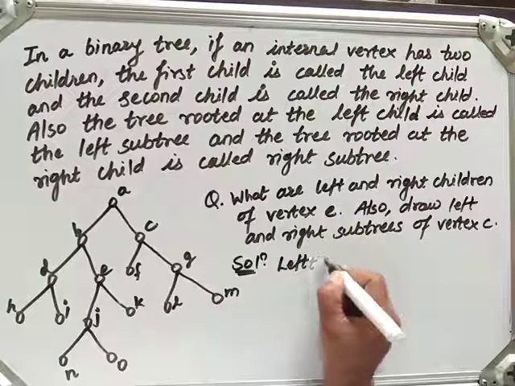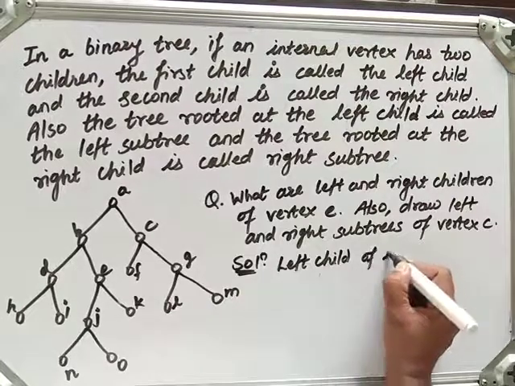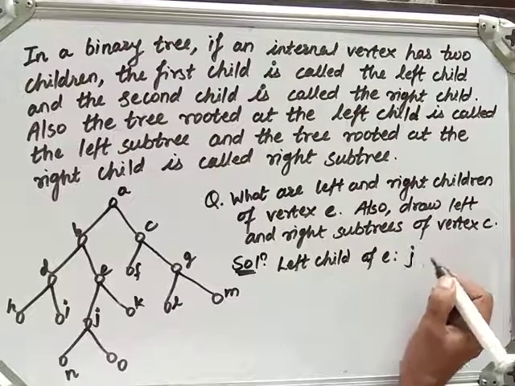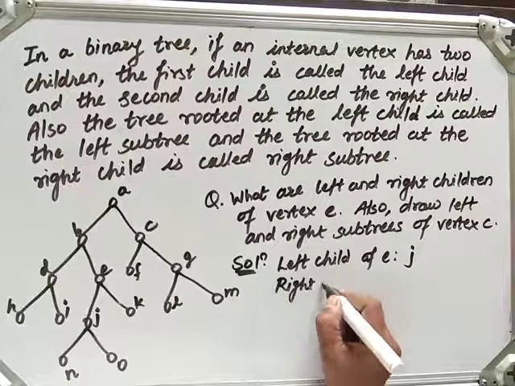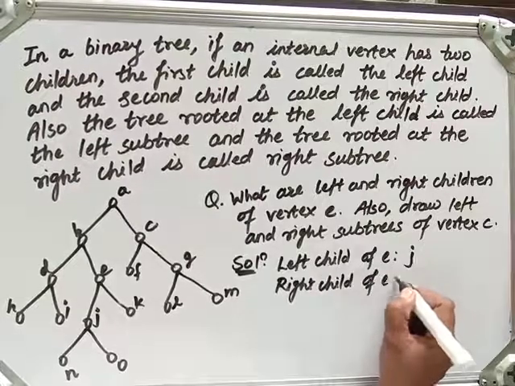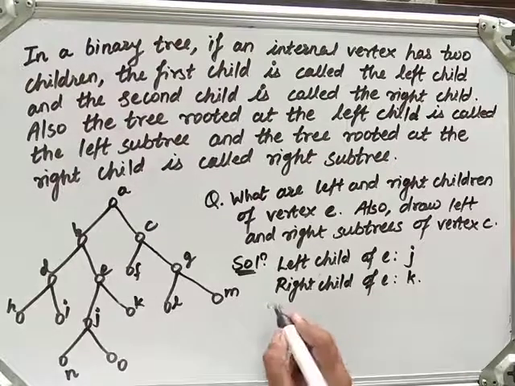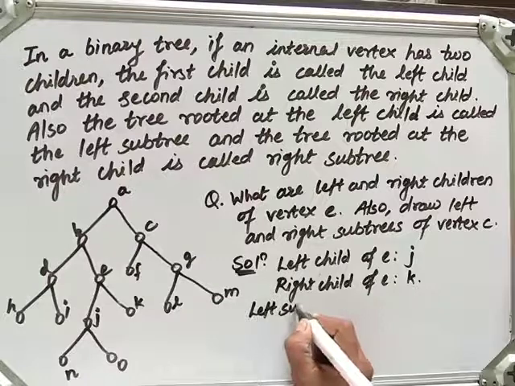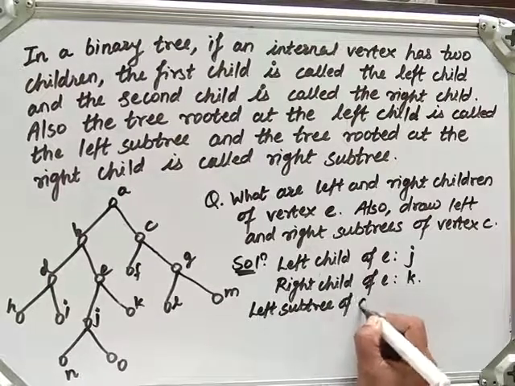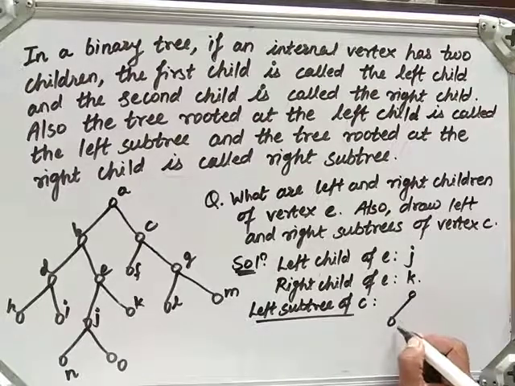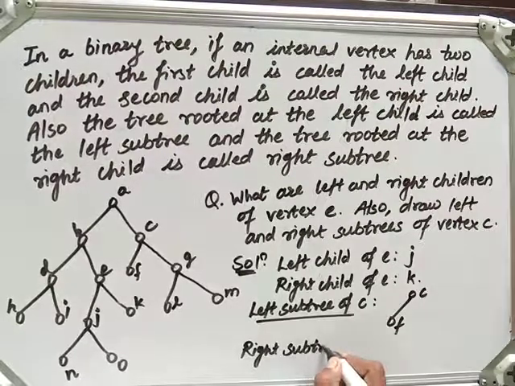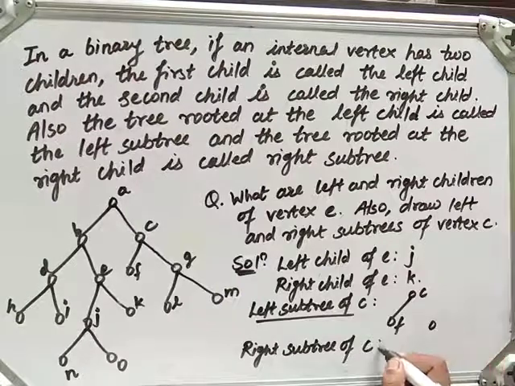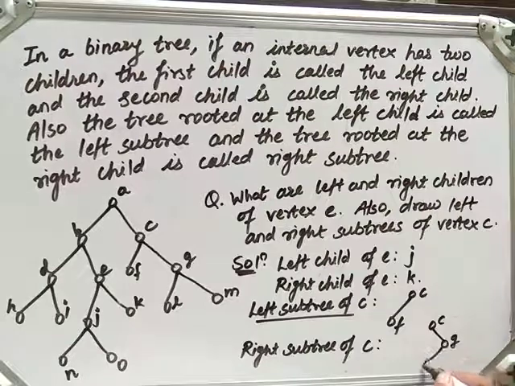The left child of E is simply J, and the right child of E is K. Okay, and the left subtree of C is this, simply up to F, and the right subtree of C is from C to G and then L and M, this part.